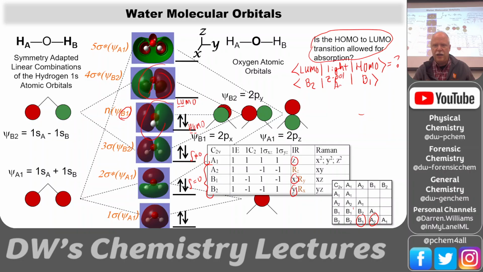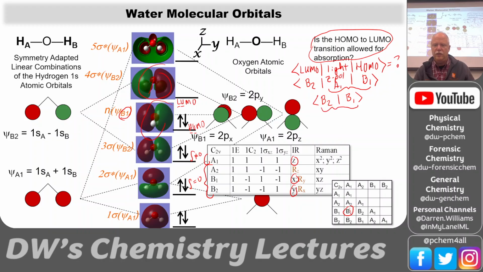And Z polarized light is A1. You could probably jump ahead and know that it's not going to be allowed, but we'll do it anyway. So A1 times B1 gives B1. And then we bring the B2 down, and it's not looking good.